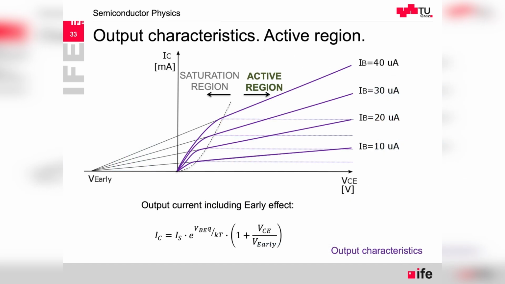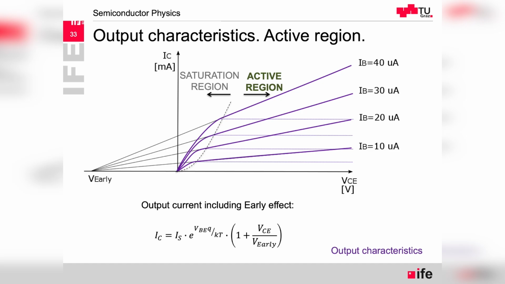The other region, the active region, what I would like to explain at this point with respect to the p-n junction space charge region effects, is the Early effect and where it comes from. The normal characteristics, where we neglect the Early effect, can be described without the expression in the brackets at the end.